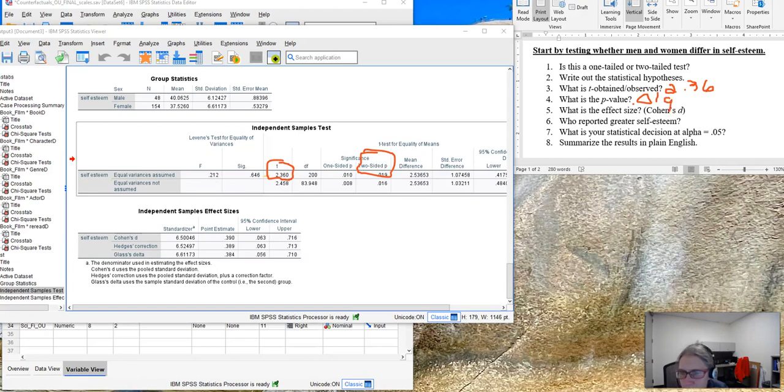Our effect size is Cohen's d. It's right here under the point estimate. It is 0.39. Next question, who reported greater self-esteem, males or females? We already looked at that and saw that males with a mean of 40.06 reported higher self-esteem than females did. So here the answer would be males.